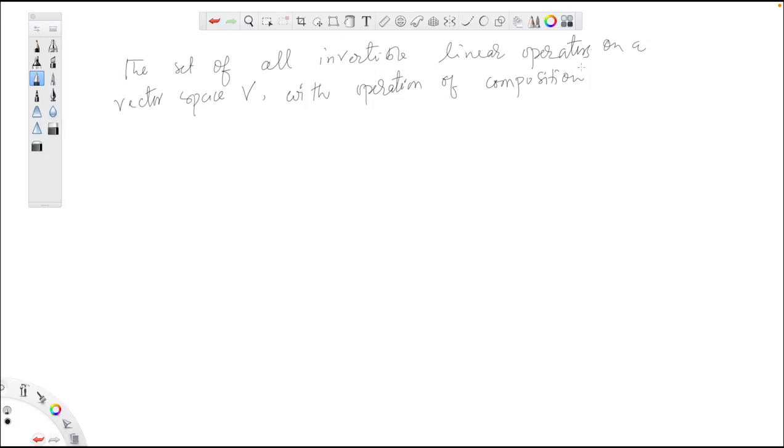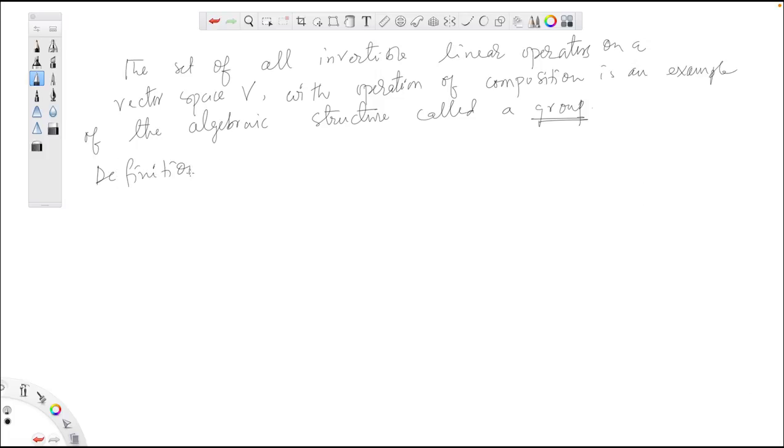With the operation of composition, it is an example of the algebraic structure called a group. So here goes the definition of a group. A group consists of the following data.